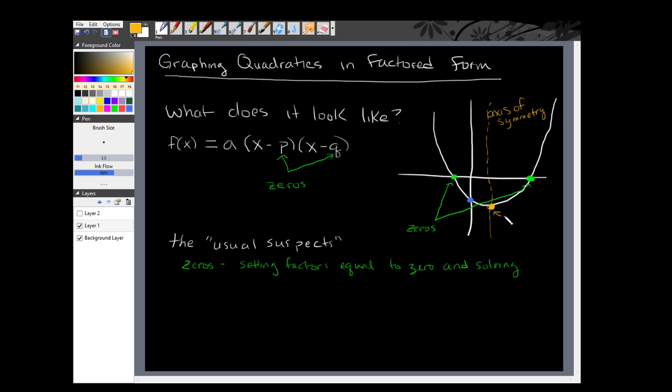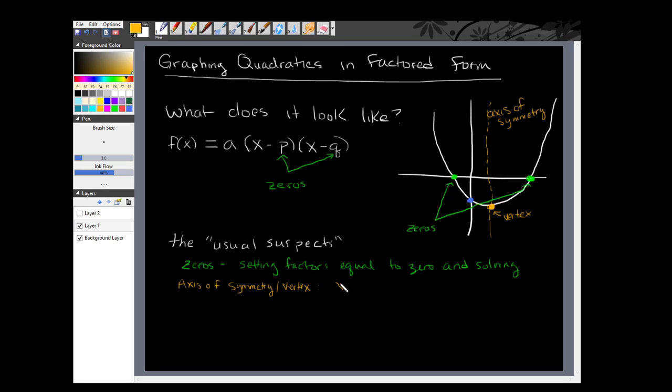And it happens here at the vertex. So our next usual suspect here is the axis of symmetry. And I usually say slash vertex, because in order to find the vertex, you have to find the axis of symmetry first.